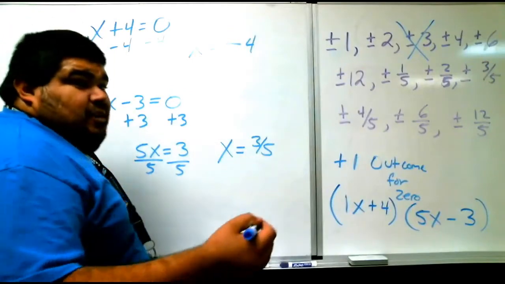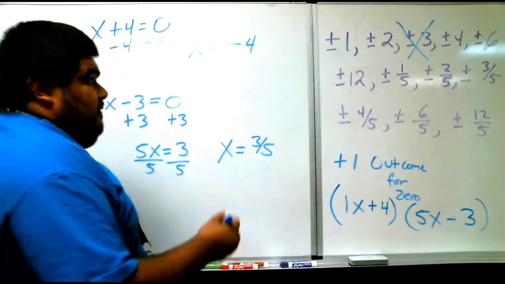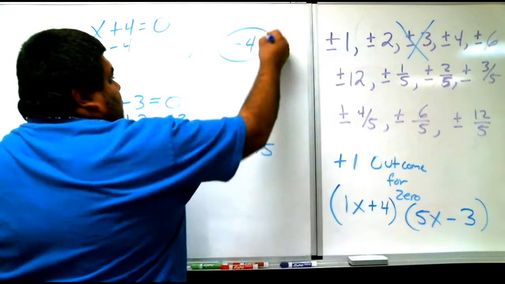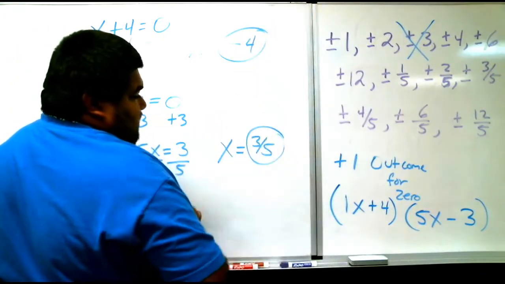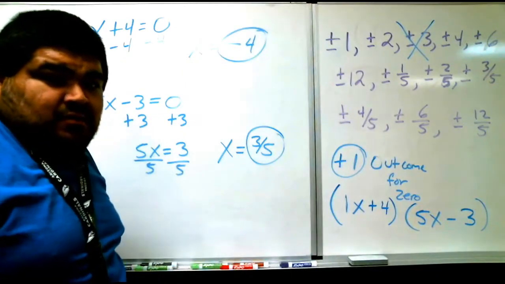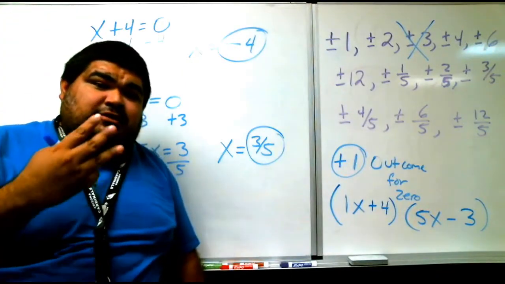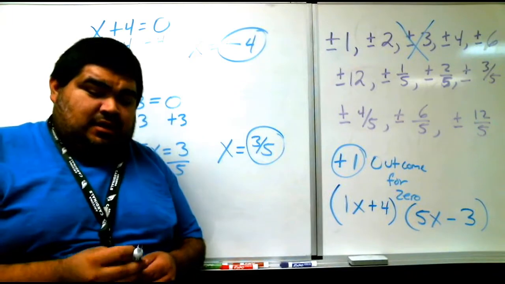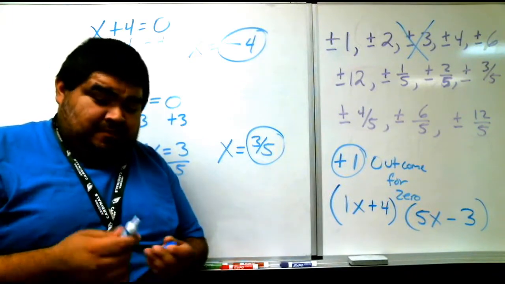So our three outcomes, because remember, there were 3 outcomes, are negative 4, 3/5, and positive 1. So those 3 numbers give you 0. That is the goal of today.